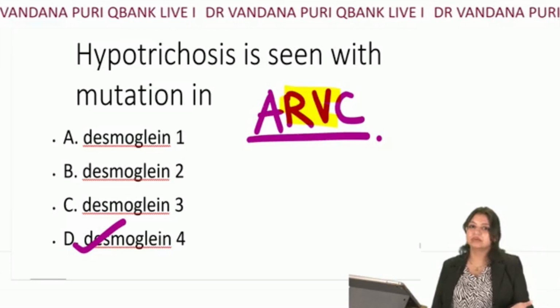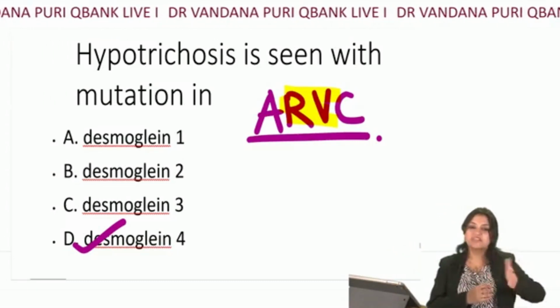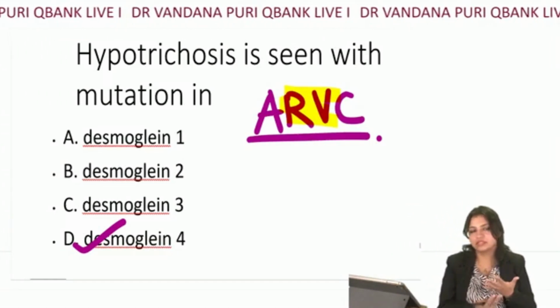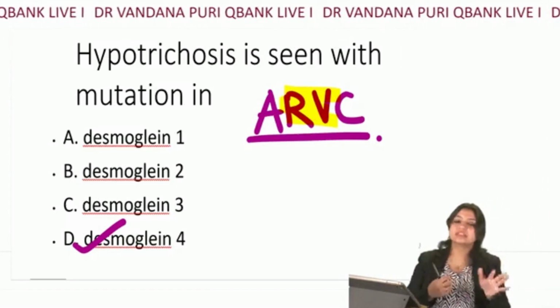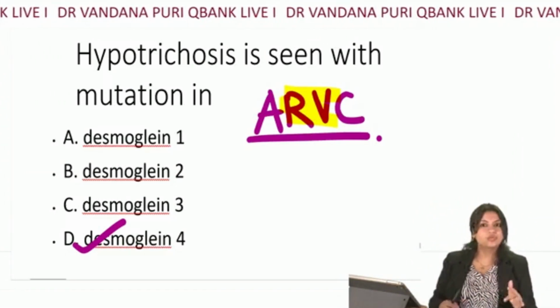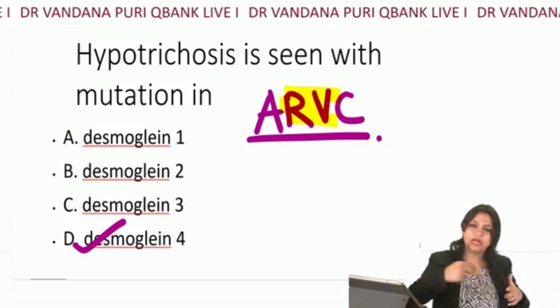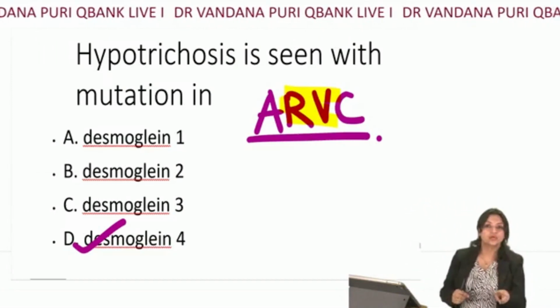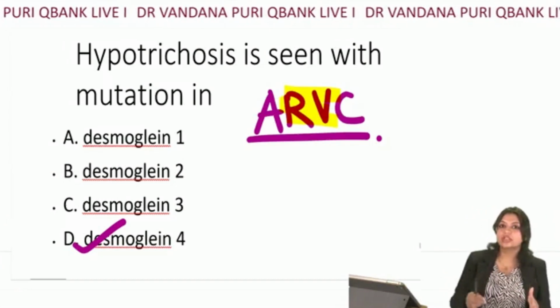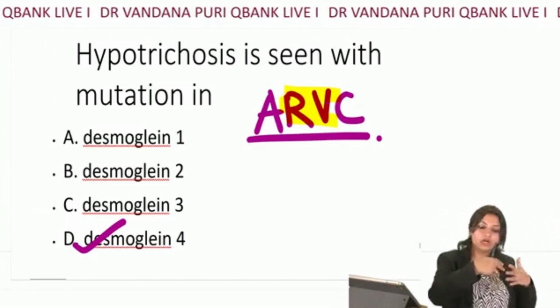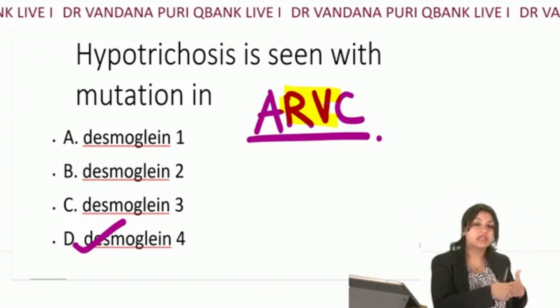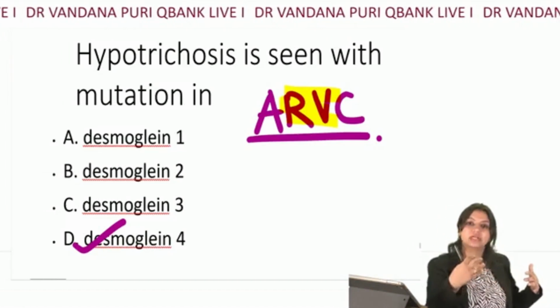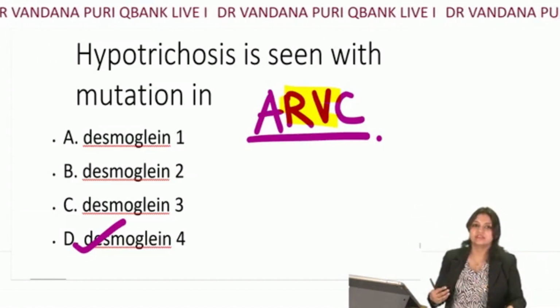As soon as the blood comes, it's very flappy, because there's fat and obviously no muscle. So the person starts getting arrhythmia. Which desmoglein is very important for binding the muscles of the heart together? Desmoglein 2. When this is not there, the muscles do not attach to each other well, and fat infiltrates between them, and that is why the patient gets ARVC.